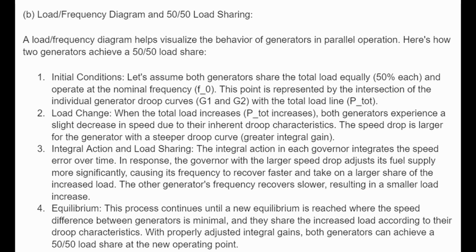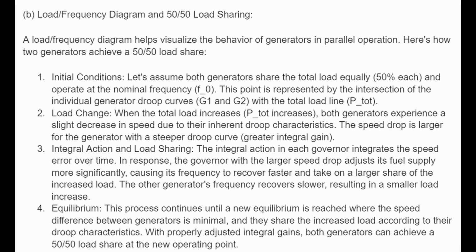In response, the governor with the larger speed drop adjusts its fuel supply more significantly, causing its frequency to recover faster and take on a larger share of the increased load. The other generator's frequency recovers slowly, resulting in a smaller load increase. 4. Equilibrium.